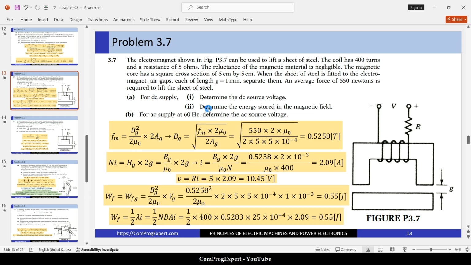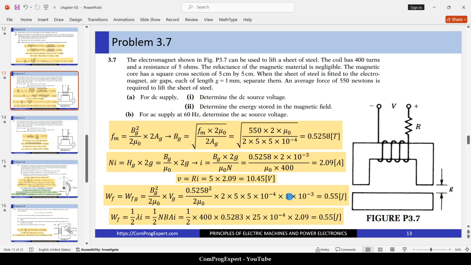And in the next part, how can we calculate the energy stored in the magnetic field using this equation? This is the energy density times the volume of the air gap. So the value of the B gap is 0.52 Tesla, divided by 2 times mu 0, times the total cross section area of air gaps times the air gap thickness, because in this case we are going to calculate the volume.